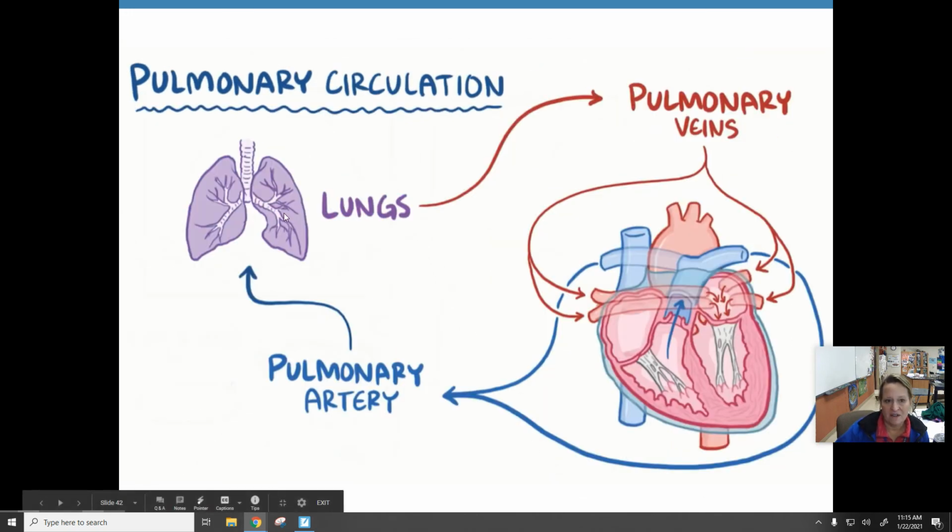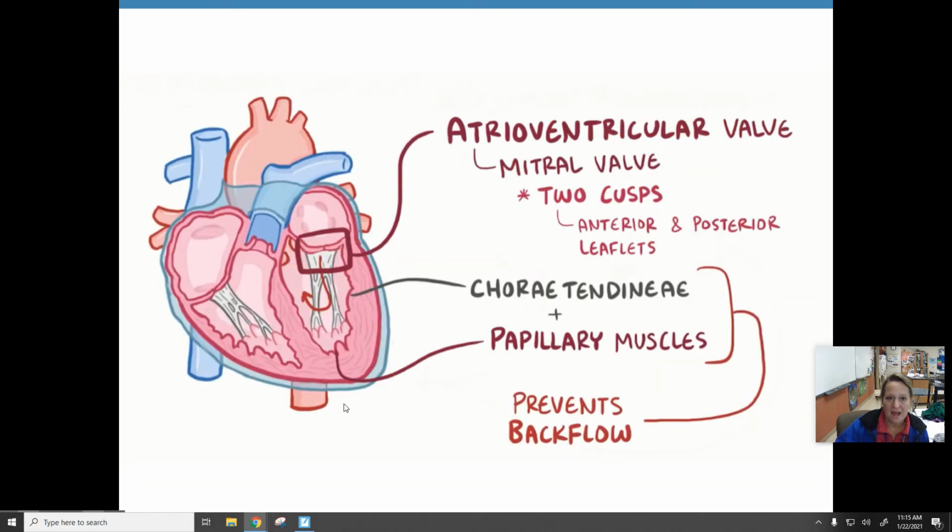Then from the lungs, that oxygenated blood is now going to come back through the pulmonary veins. So it's leaving through the pulmonary arteries, coming back through the pulmonary veins. Then, now we are in the left atria.